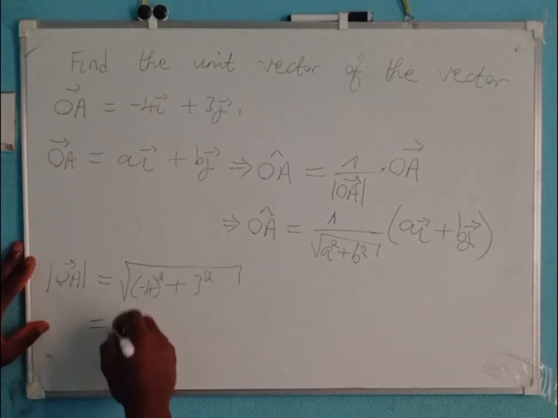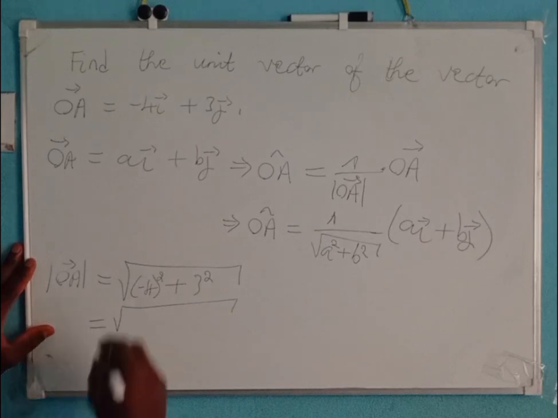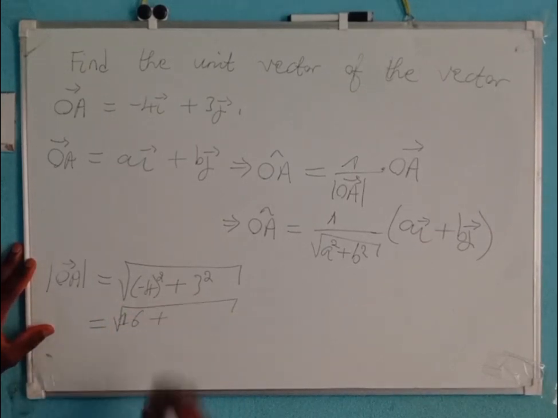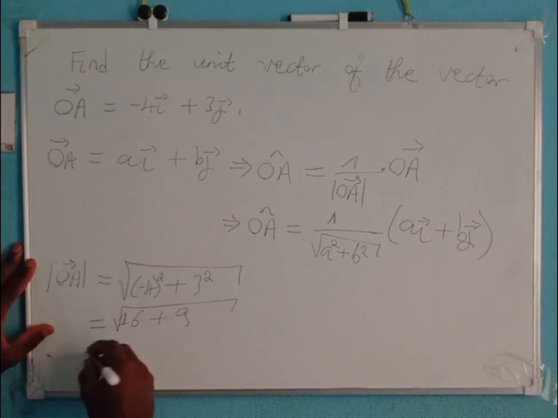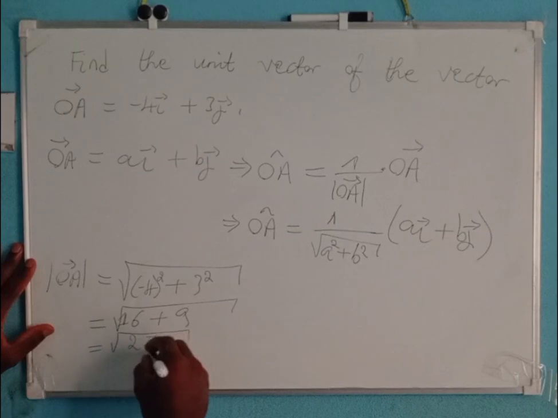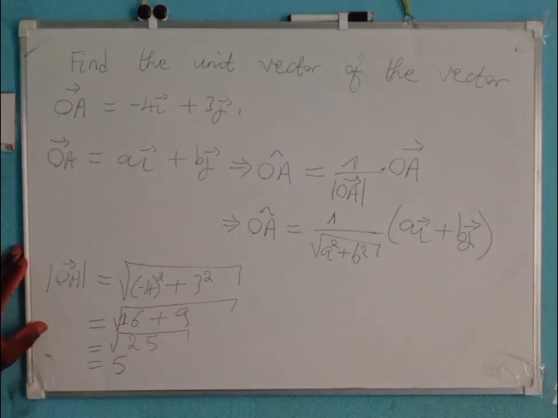This will simply be equal to the square root of negative 4 squared: negative 4 times negative 4 gives us 16, plus 3 squared, 3 times 3 gives us 9. This is equal to the square root of 16 plus 9, which is 25. The square root of 25 is simply equal to 5.